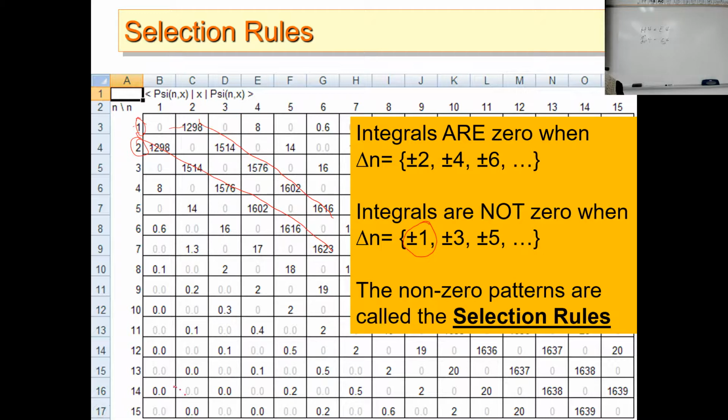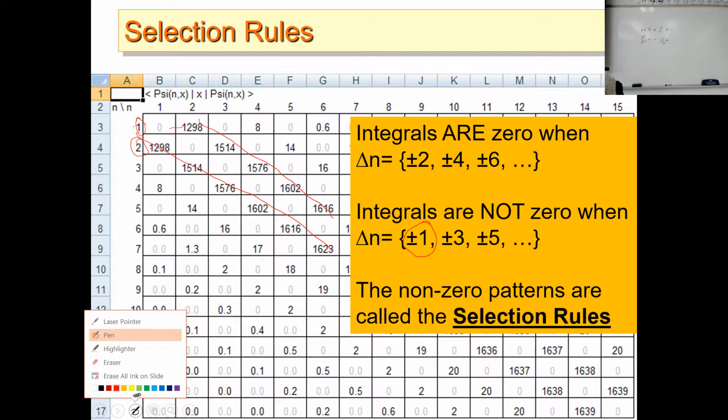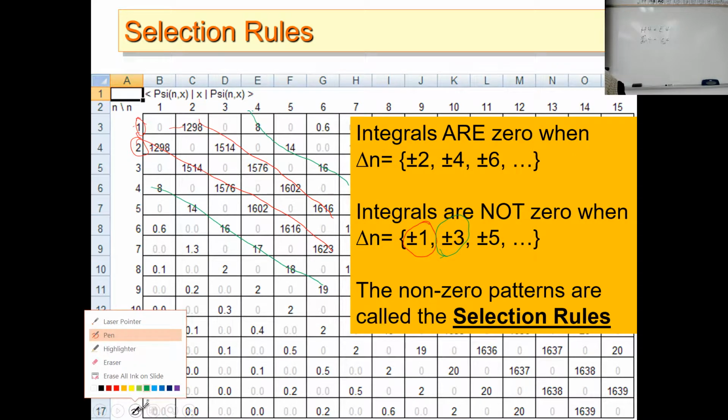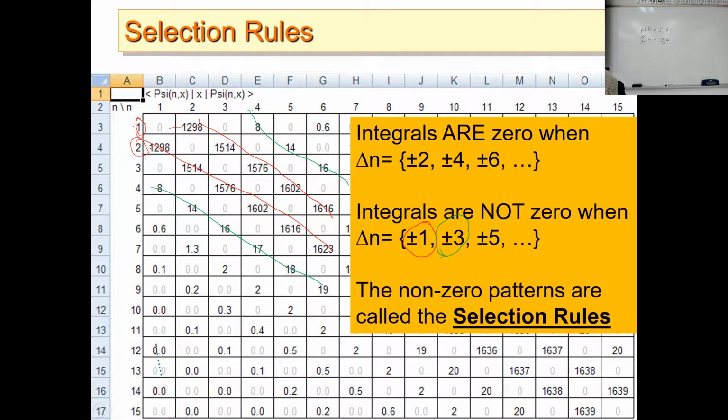This diagonal element here is the plus or minus 3. And this diagonal element here, plus or minus 5.